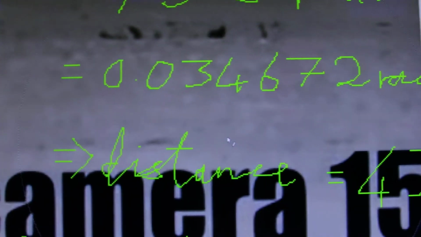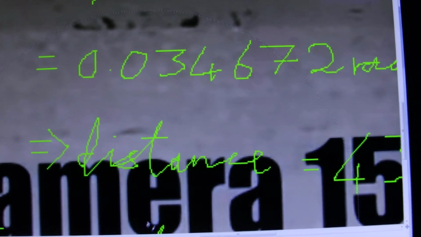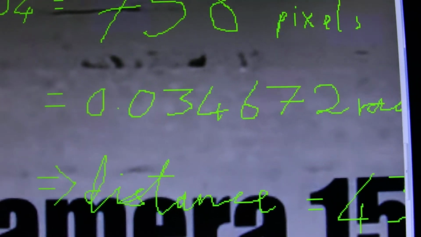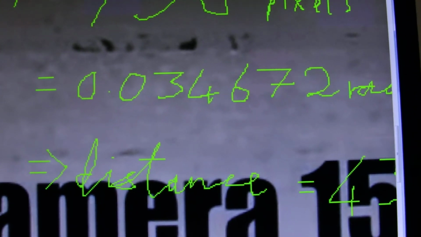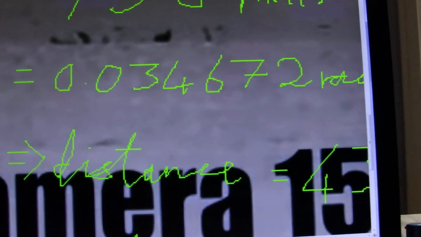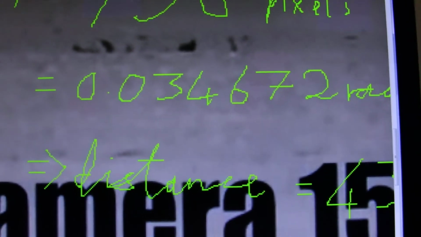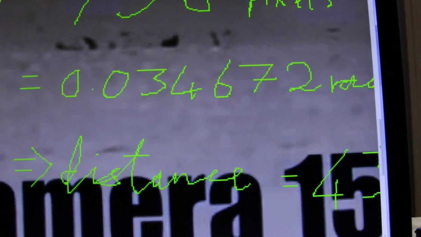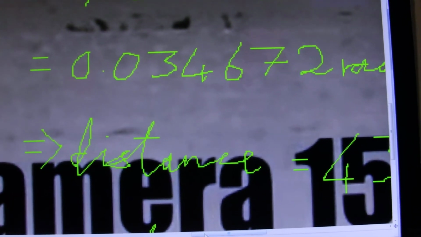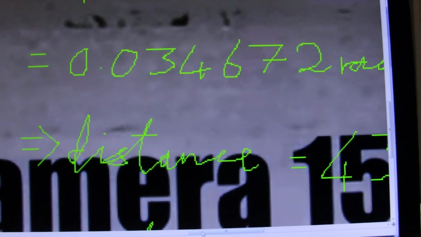And we know from previous calculations that whatever that bloody number was, 0.0039, was it? That 85 pixels is 0.0039 radians.